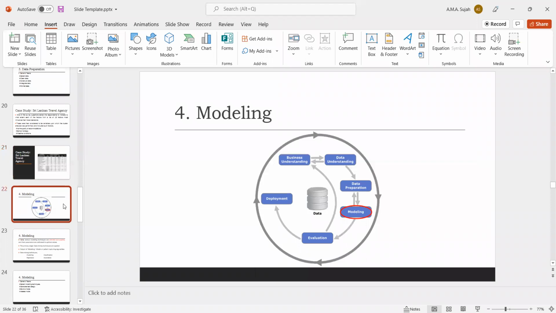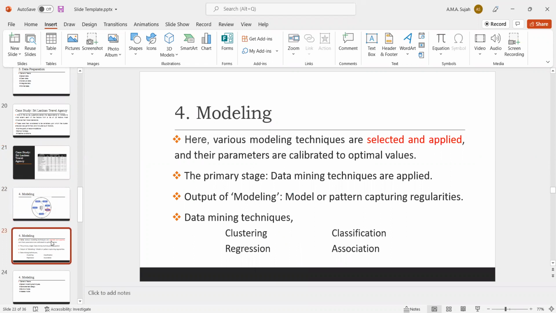This is modeling. After the data preparation, we do the modeling. Modeling means we select the appropriate data mining techniques based on the problem domain. Also, we must think about the data understanding. What is the amount of data we have? Let's say we need to apply some deep learning algorithms.